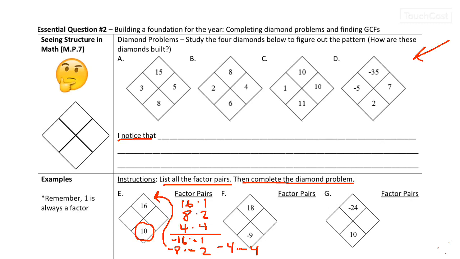So as you go down our list of 16 times 1, 8 times 2, 4 times 4, negative 16 times negative 1, and so on, the only pair that adds up to 10 is going to be 8 times 2. I call this the magic pair.